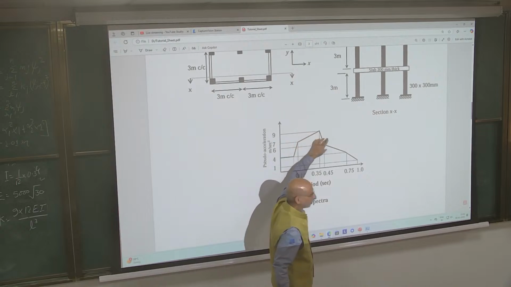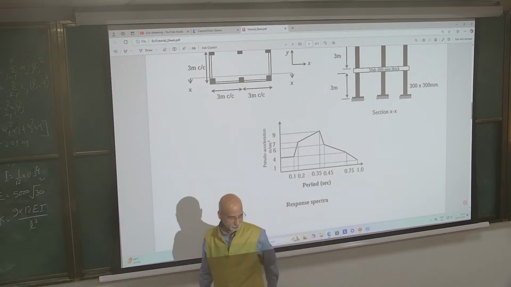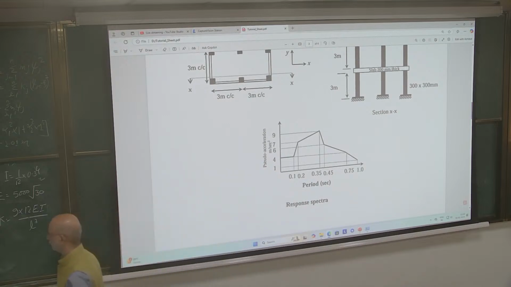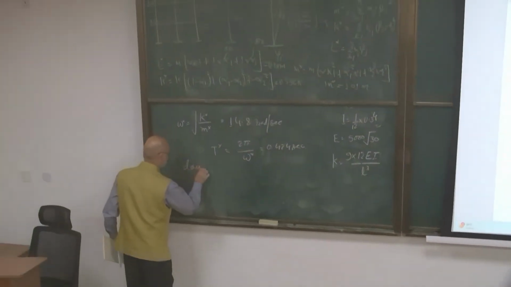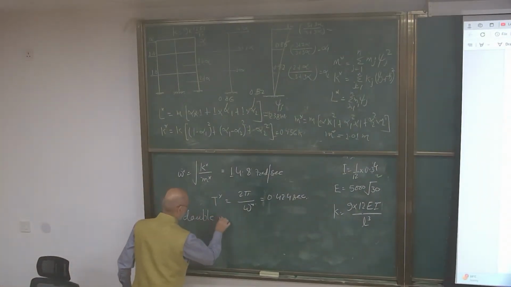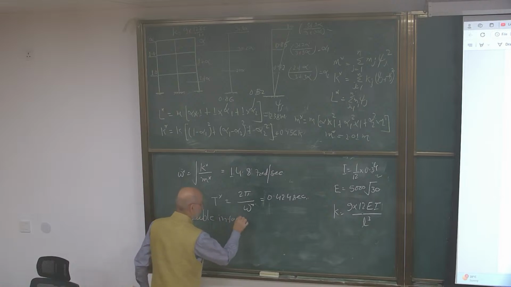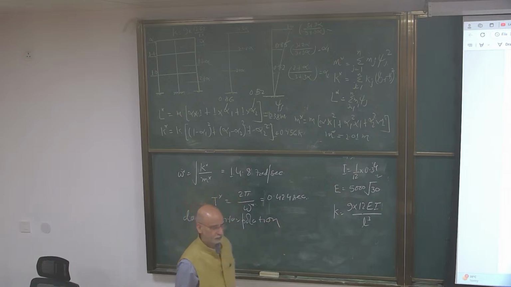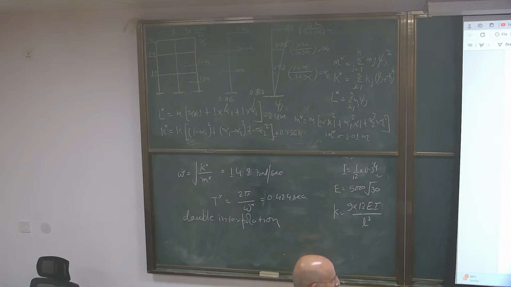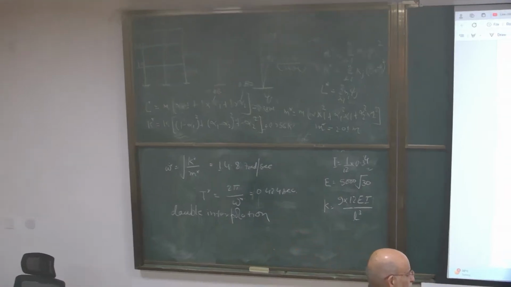So in between you have double interpolation. So double interpolation you have to do. First do it with the abscissa, then with the ordinate.